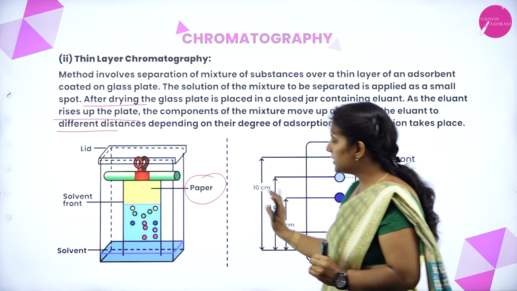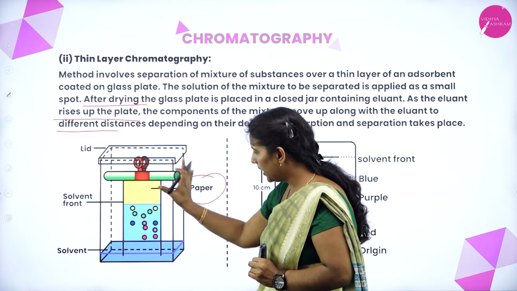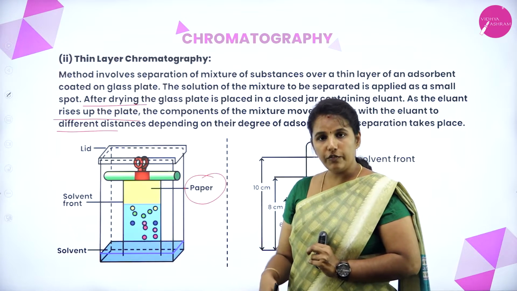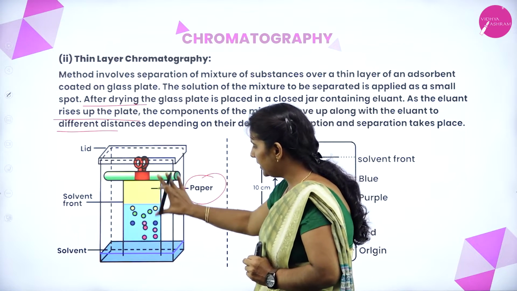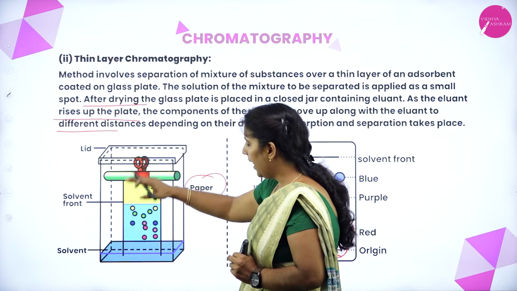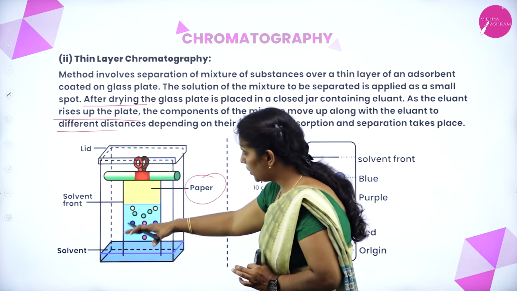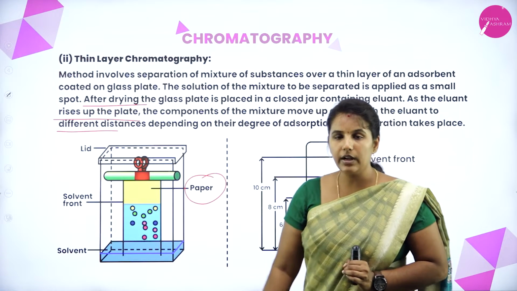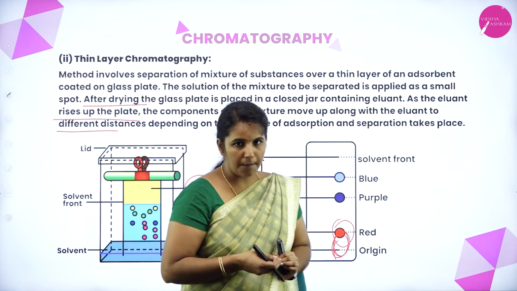Now you place this entire glass plate inside the chamber and you have kept the solvent. What will happen? Because this glass plate consists of a thin sheet, the solvent will rise up. As it rises up, it also carries your mixture, which contains different impurities or components, correct?